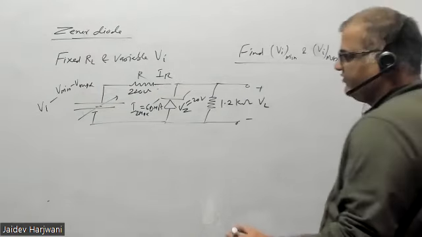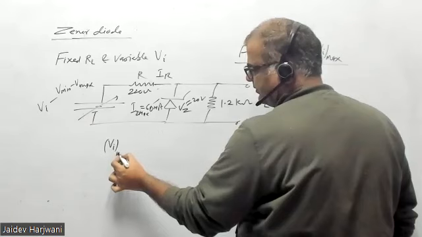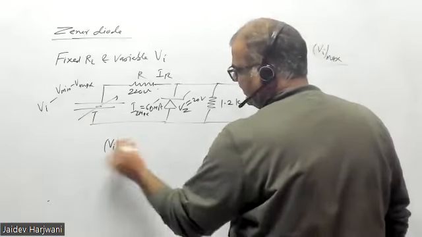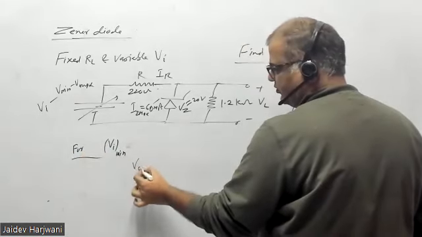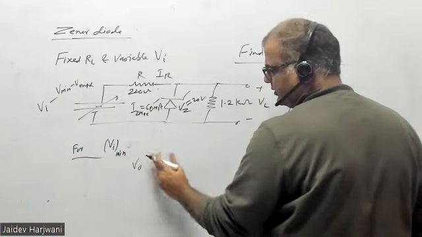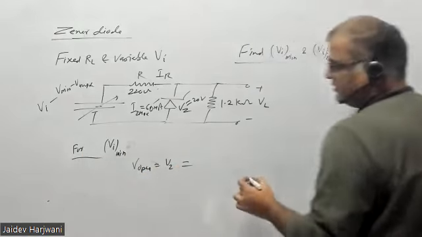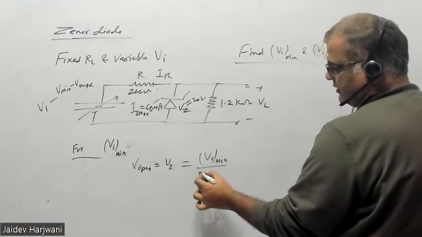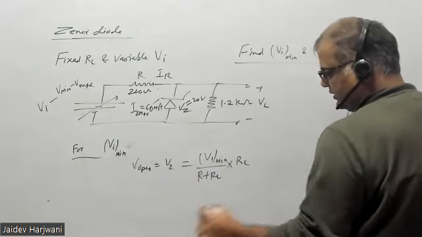So first, let me find VI minimum. For VI minimum, V output, V open, equal to VZ. That is VI minimum times RL divided by R plus RL.